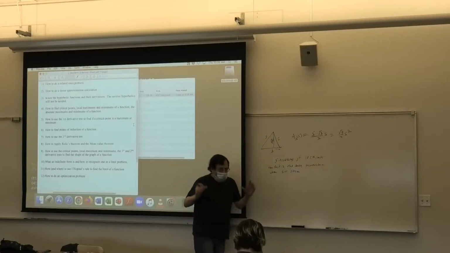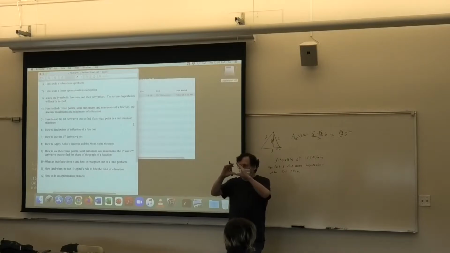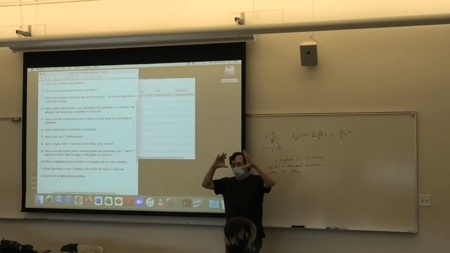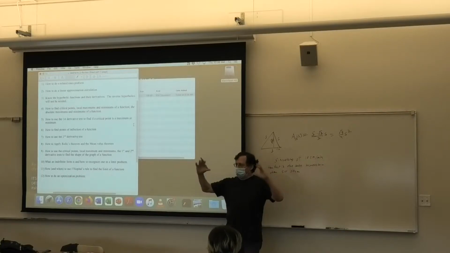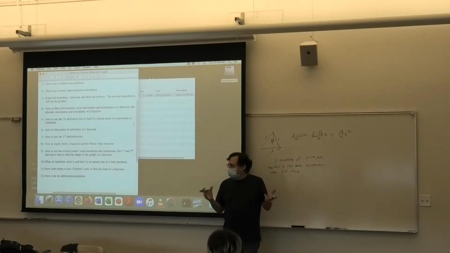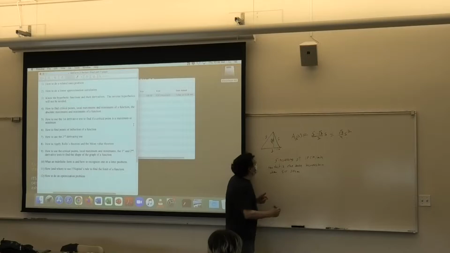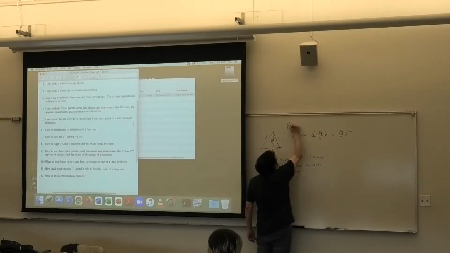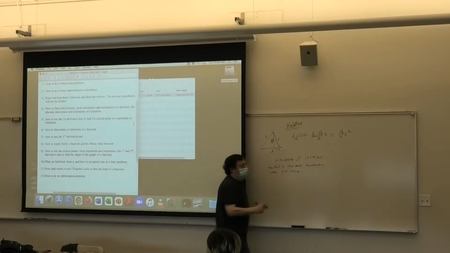Okay, so you want to picture this in your head. You've got a triangle. The sides are increasing at a nice speed, and the area is increasing, but the rate the area increases varies, but it's related to the rate that the sides are increasing.